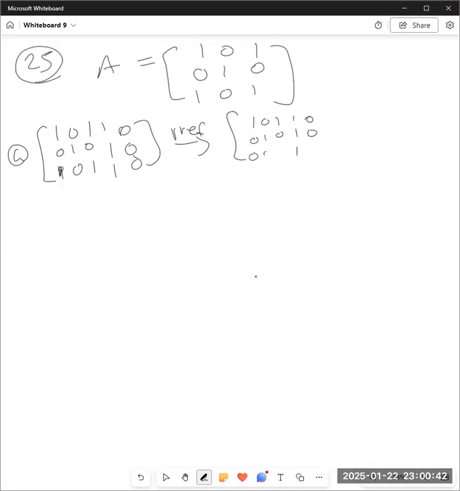Then this is a row of zeros down here. So that tells me that x2 equals 0, x3 equals t, x1 is equal to negative t.